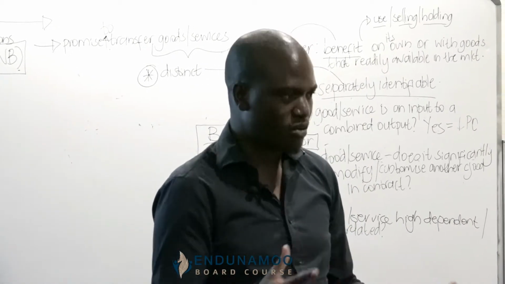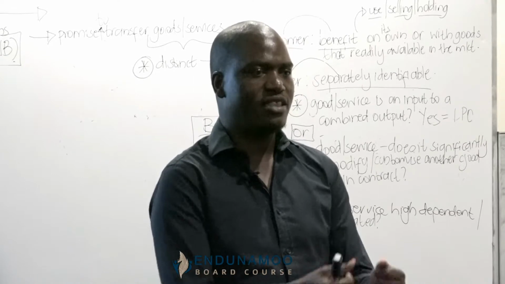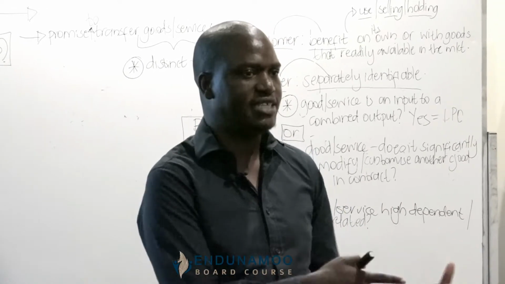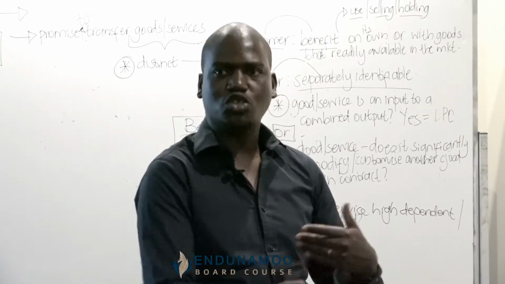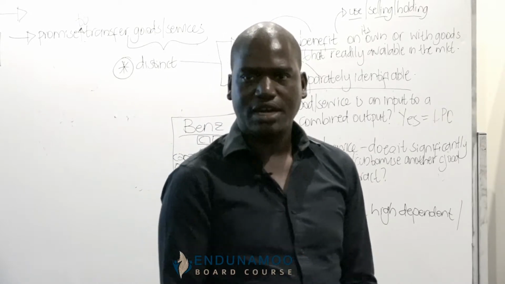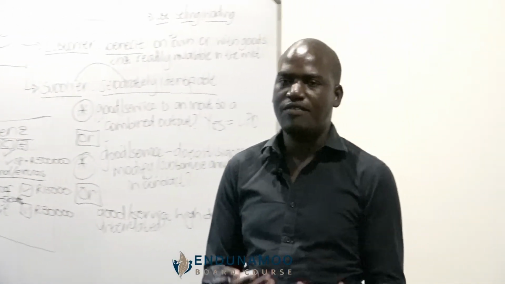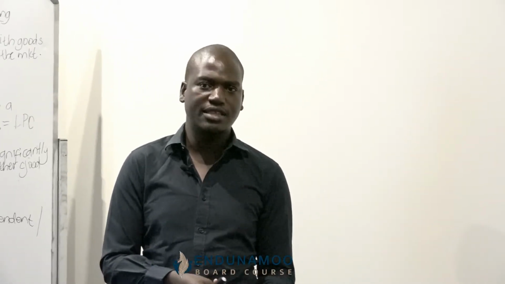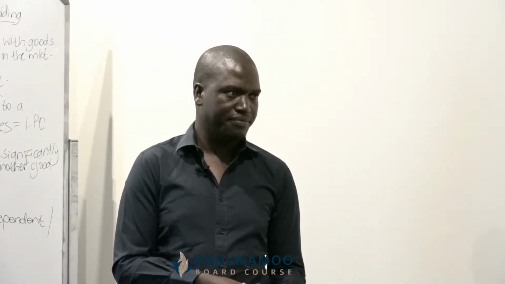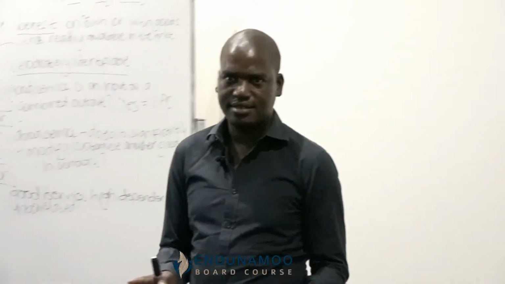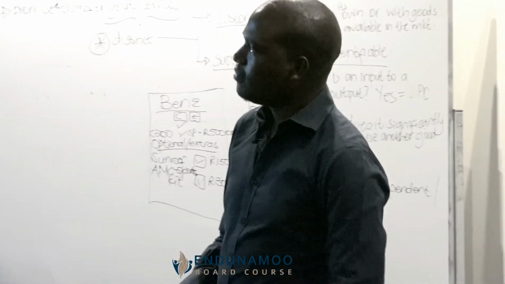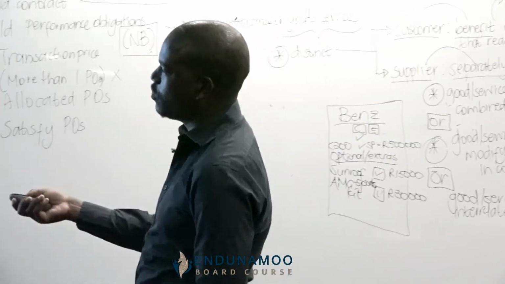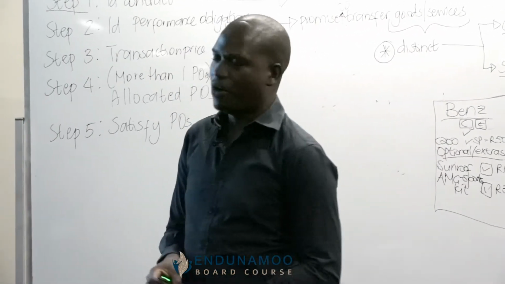So what we are looking at here is whether the goods are highly dependent or interrelated. Can the good be used without the other good? And if it's impossible, then the two are not separately identifiable, but they're actually the same thing. Is that clear? Does that make sense? So that's how you need to think about step 2.